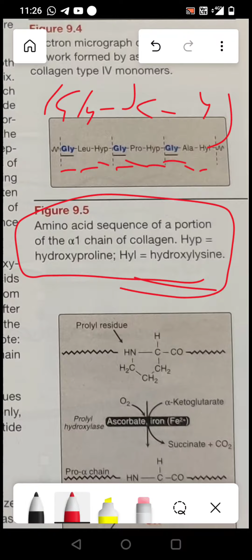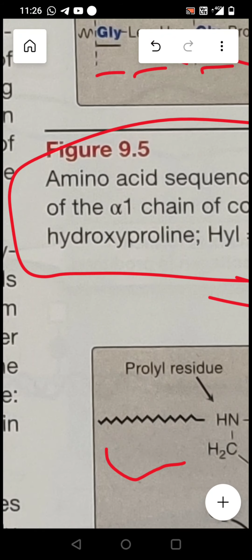X is frequently proline and Y becomes hydroxyproline or hydroxylysine. That is why such a chain is called glycine-X-Y. The most important, commonest chain, if they ask you in an MCQ, remember, is glycine, proline, hydroxyproline.